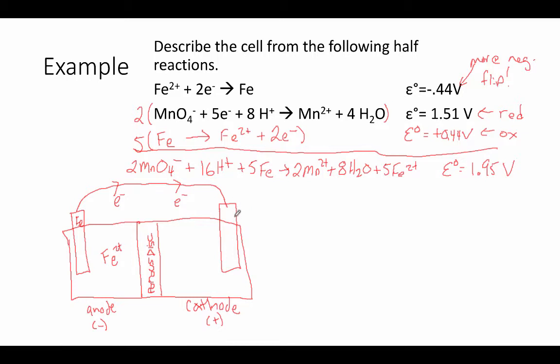So right now I don't have anything from my half reaction that can make up my electrode, which means that I'm going to use my platinum in that situation. And then all of these ions that are listed here need to go into my cathode container. So I'm going to have MnO4 minus, I'm going to have H plus, and I'm going to have Mn2 plus.